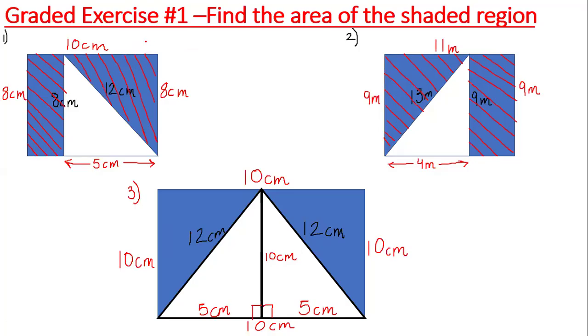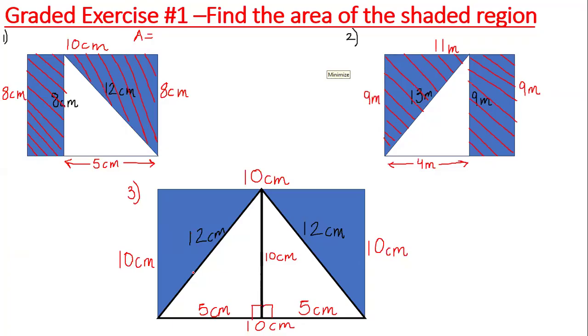Explain it. So we have to find the area of the shaded region. Let's do the rectangle first.